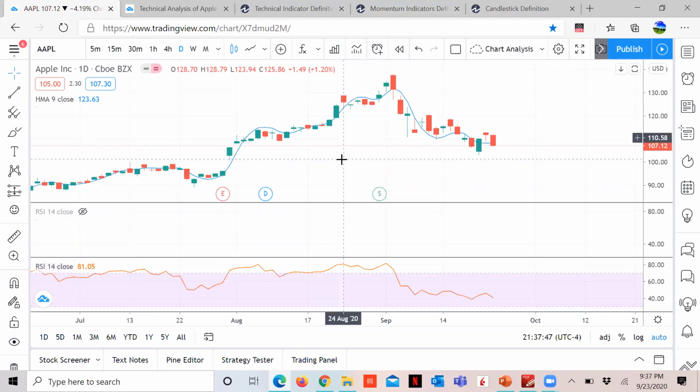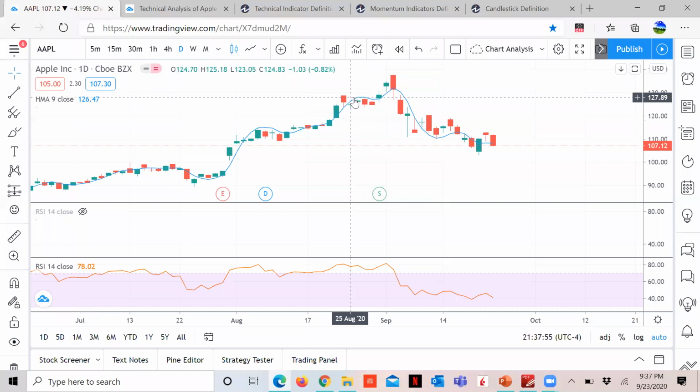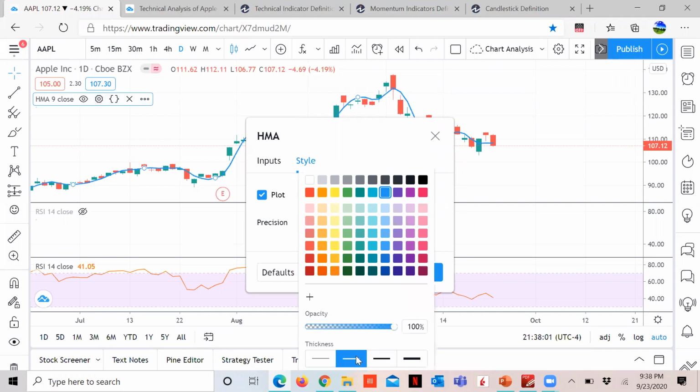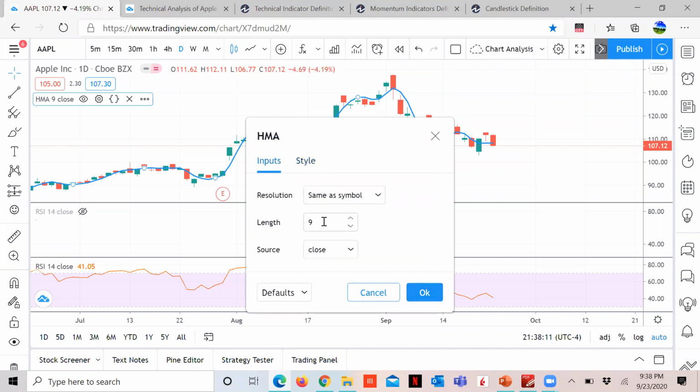All right. So this line that you see, the blue line, just make it a bit thicker. Change the input to 21 days.